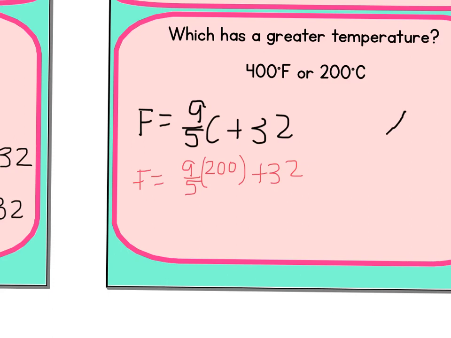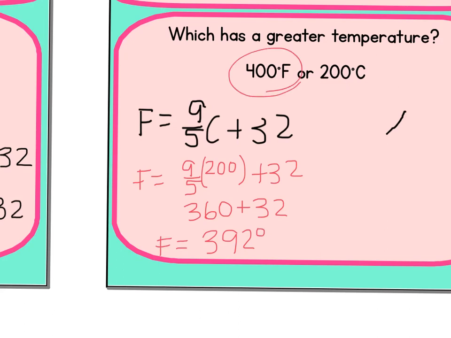I'm going to quickly type that into my calculator just to verify. 360 plus 32 gives us 392 degrees Fahrenheit, so it looks like the 400 degrees would be greater.